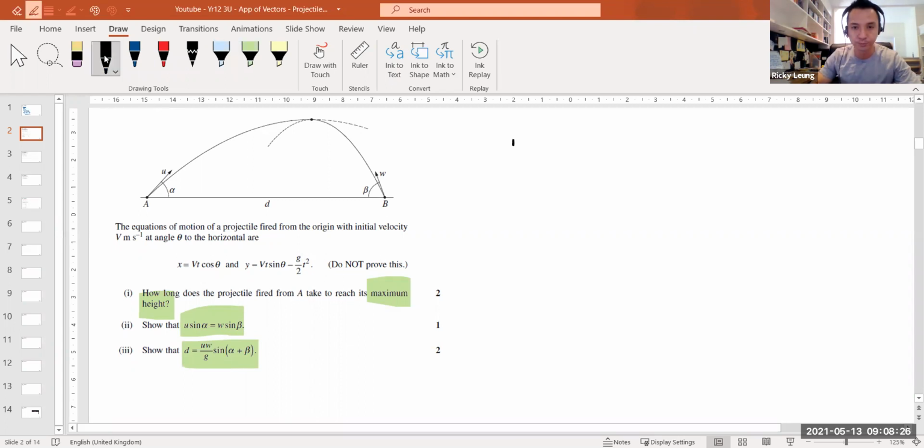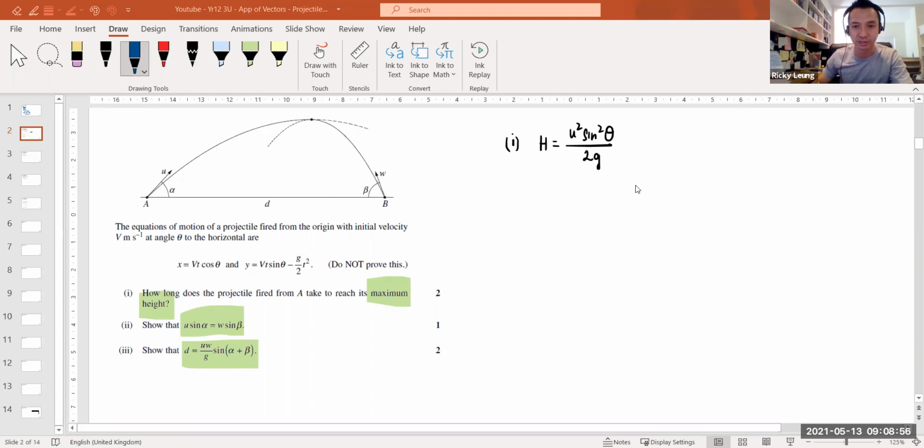So part 1. Now we know max height has the formula u squared sine squared on 2g, right? So if they're asking me to find at A, what do I know at A? They're not asking me that. How long does it take to reach? Okay, that's even easier.